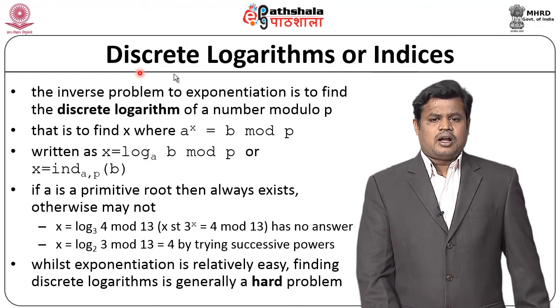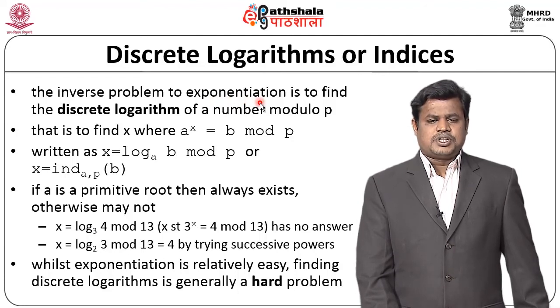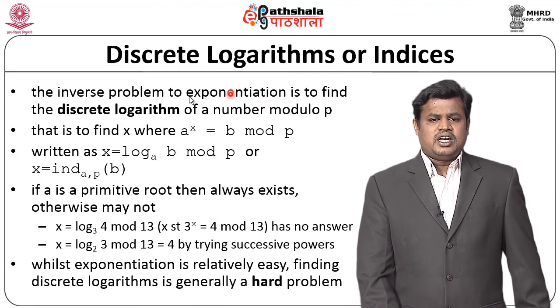So, what is the discrete log problem? That is the discrete logarithm. Usually in asymmetric key cryptography we use modular exponentiation for the encryption as well as the decryption process. The discrete log is an inverse problem to exponentiation. Suppose you are given a power x, generating a ciphertext b = a^x mod p.